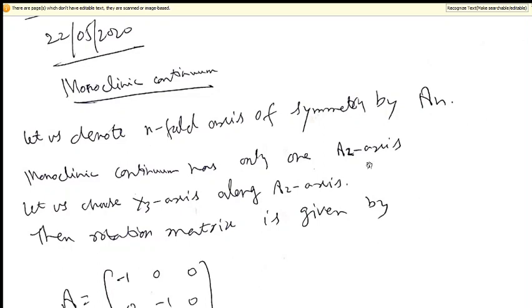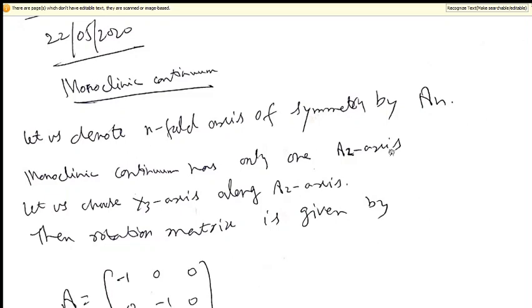That is, about an axis with an angle 2 pi by 2, the properties of this continuum will remain the same, will not vary. In A2, this 2 is telling us that the angle of rotation is 2 pi by 2, means pi.